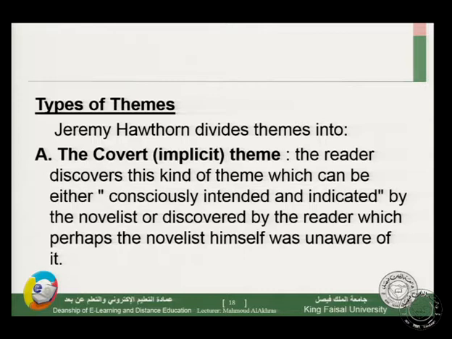In this kind of theme, the reader discovers it, which can be either consciously intended and indicated, so it is obvious, or intended and indicated by the novelist, or discovered by the reader, which perhaps the novelist himself was unaware of.